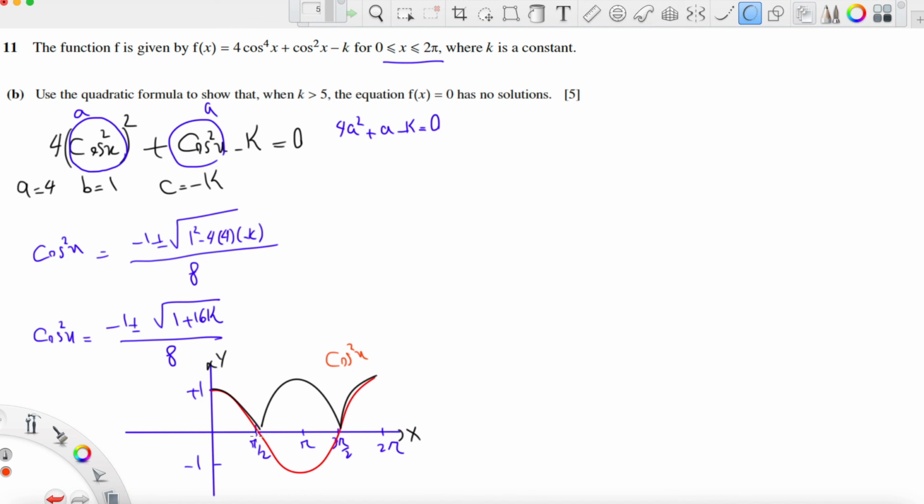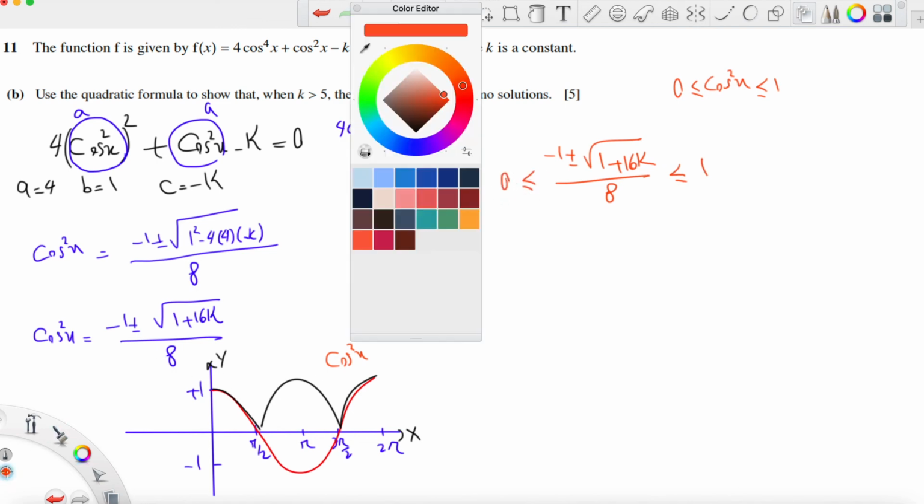Now we know that cosine of x varies from 1 to negative 1, but cosine squared of x is between 0 and 1. So minus 1 plus minus the root of 1 plus 16k, over 8, is between 1 and 0, because it is cosine squared.